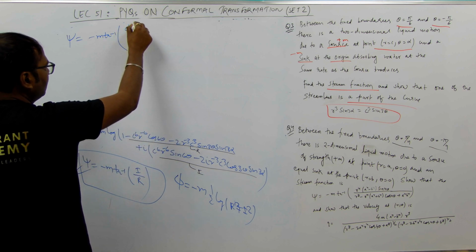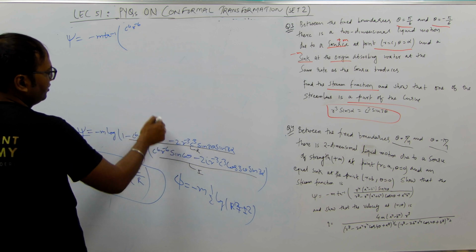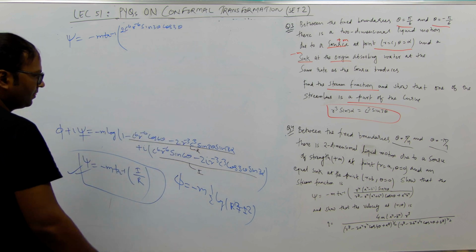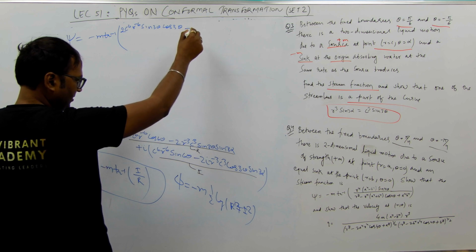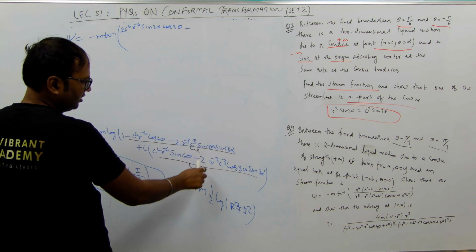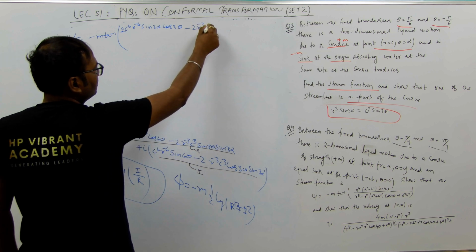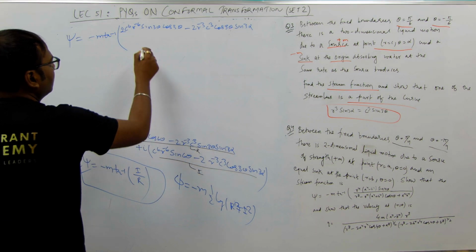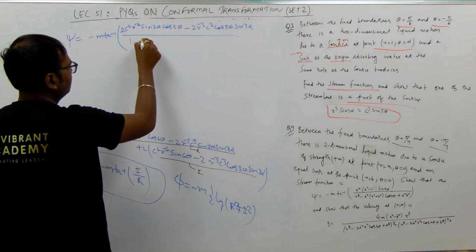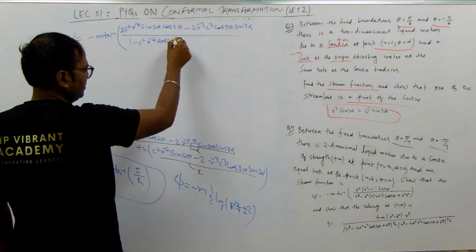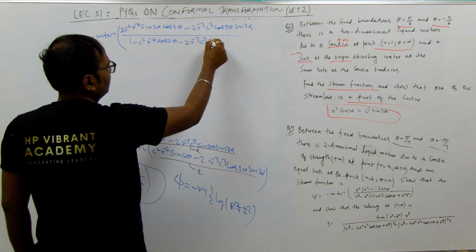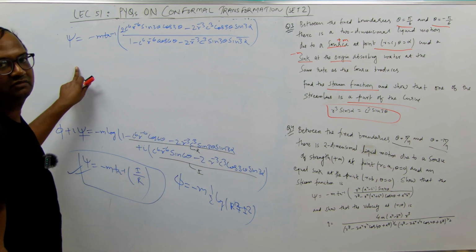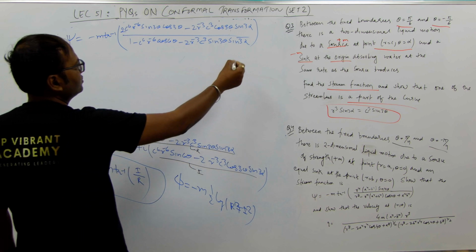This is c^6 r^-6 sin 6 theta, which we can write as 2 sin 3 theta cos 3 theta, minus, this is not i here, we have taken i outside, 2 r^-3 c^3 cos 3 theta sin 3 alpha, upon 1 minus c^6 r^-6 cos 6 theta minus 2 r^-3 c^3 sin 3 theta sin 3 alpha. This is our required stream function.